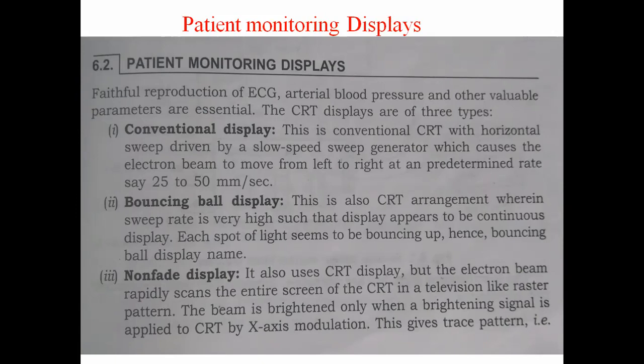It is nothing but an oscilloscope. The oscilloscope takes the input, and that input is displayed on a CRT, cathode ray tube. CRT is the heart of the CRO, the cathode ray oscilloscope.